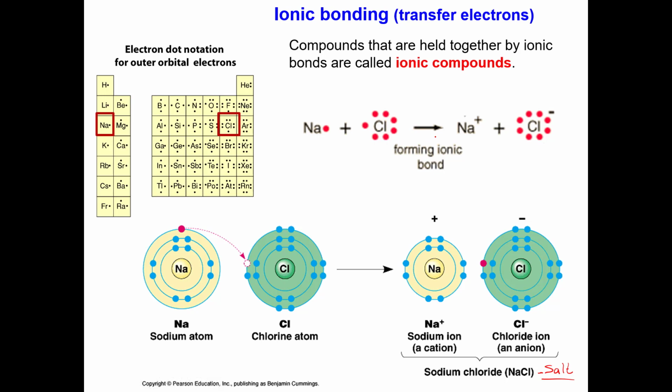When they react, sodium becomes a positive ion, and it loses the electron. This is why there is no dot here. But chlorine gains 1 electron to become a negative ion. Here is how we can represent the same reaction using dot notation.